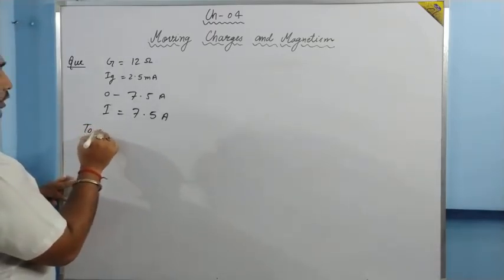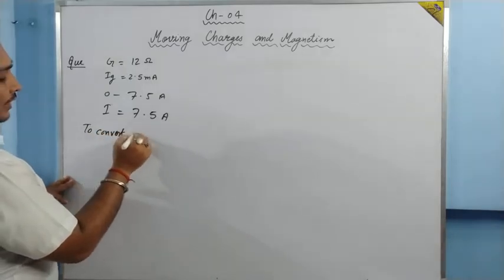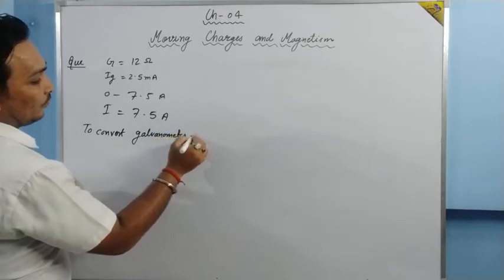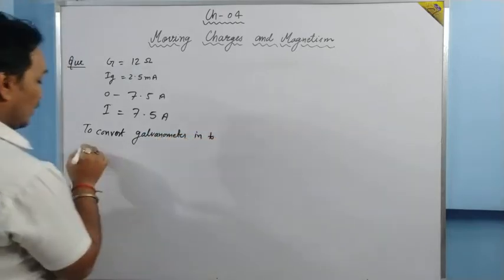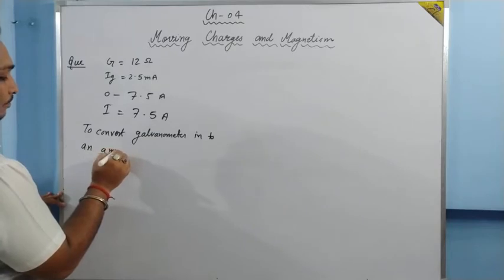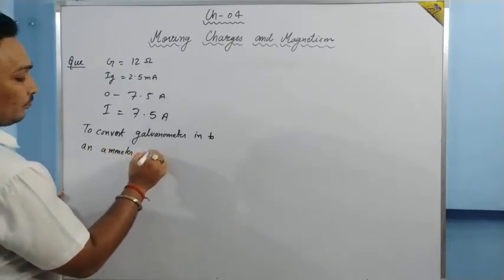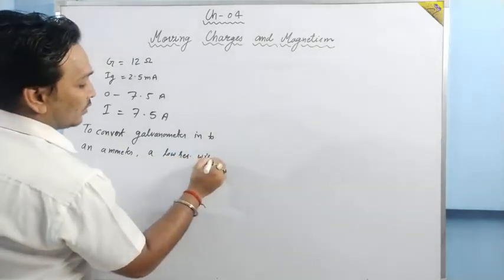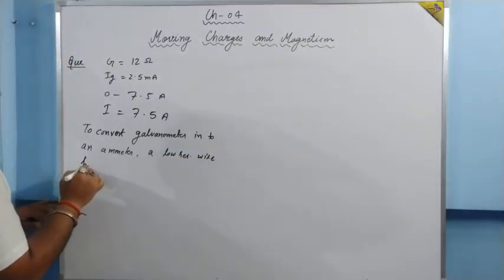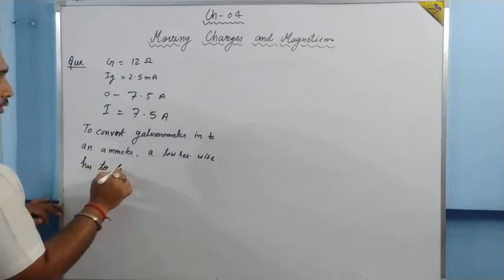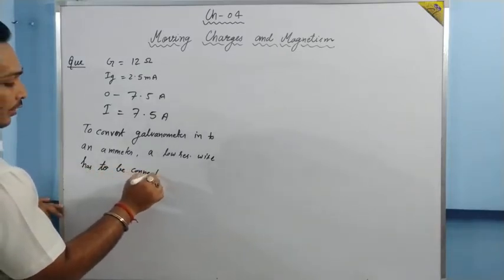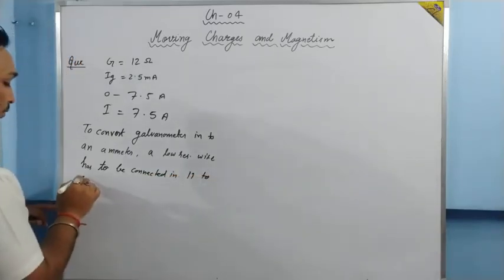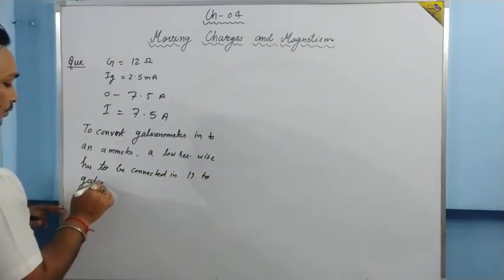To convert a galvanometer into an ammeter, a low resistance wire has to be connected in parallel to the galvanometer.